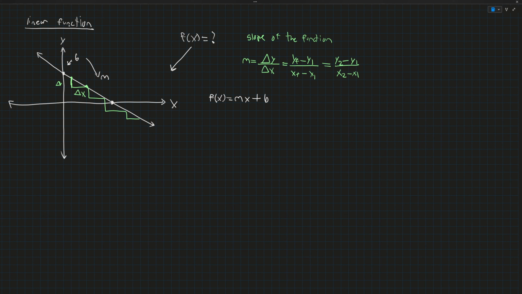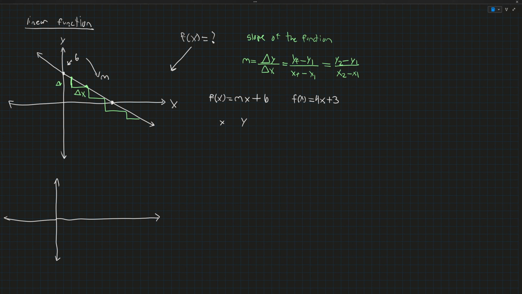Let's do an example. Let's say we were asked to graph the function f of x is equal to 4x plus 3. Well, let's draw it out. Right away, you could also do the table chart, which works pretty well.